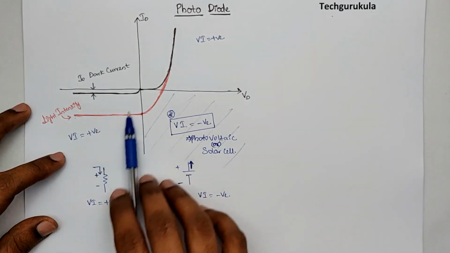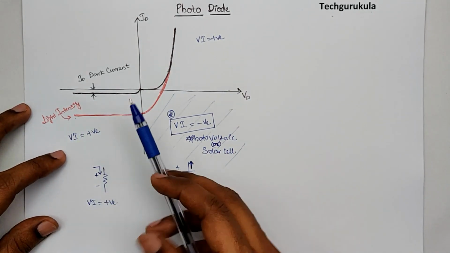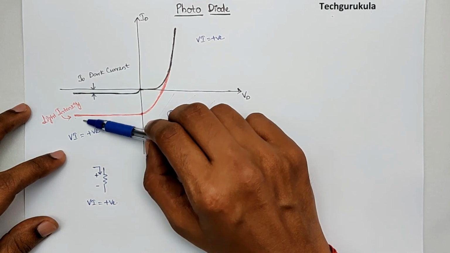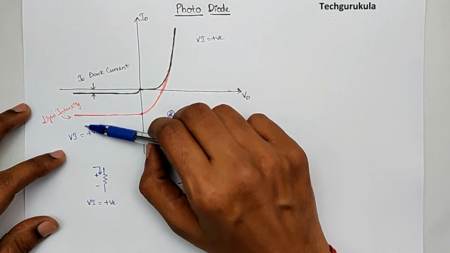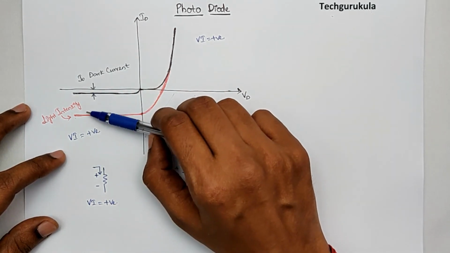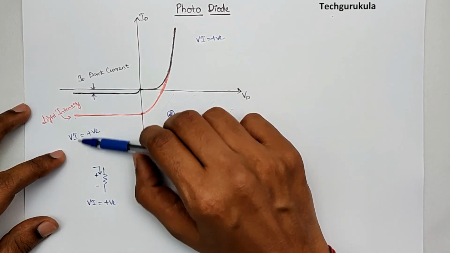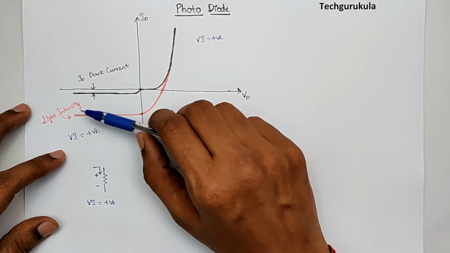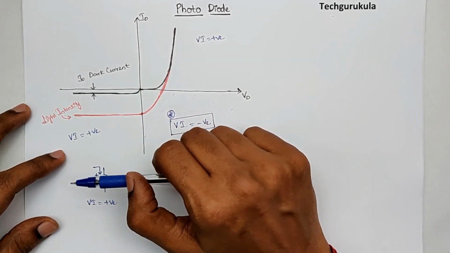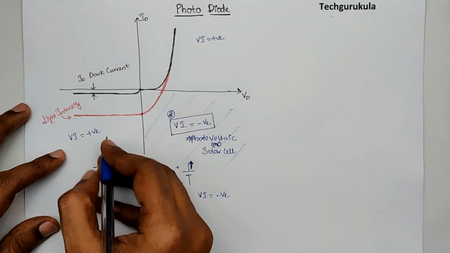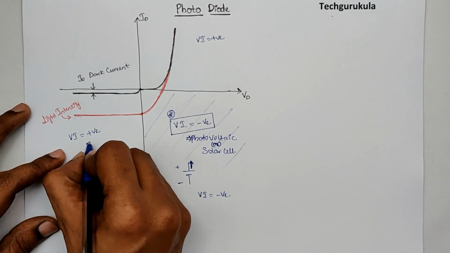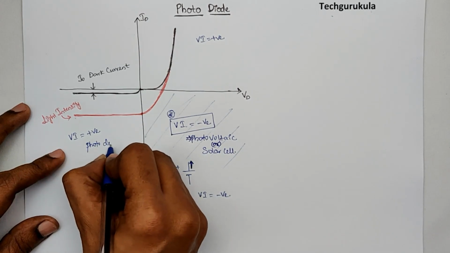So if we operate the photodiode in this region, we can actually find out the presence of light and its intensity, which means we can detect signals. So for optical communications, we can use the photodiode in this region to detect light signals. So we can say in this region it is behaving like a photodetector.